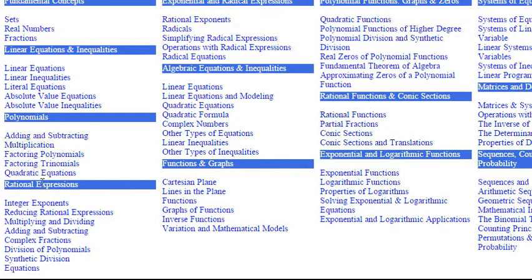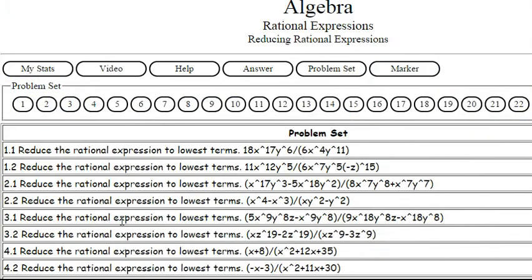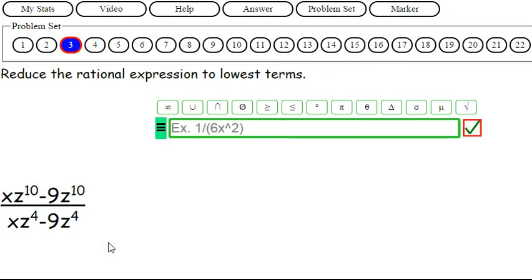Click on the algebra. Let's go down to reducing rational expressions. And what are we doing? That's the question, I believe. Okay, I guess it's that one. 3.2.